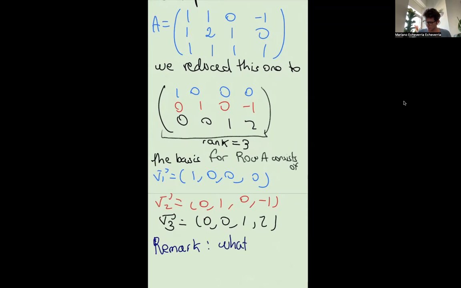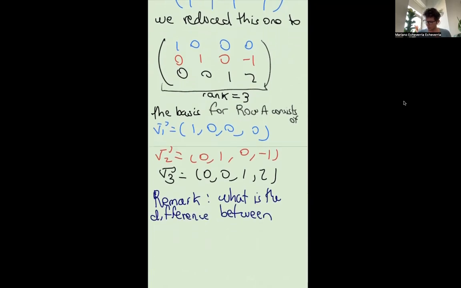What is the difference between row of A and null of A? In both you have to reduce the matrix A. So in both you'll do the same reduction.